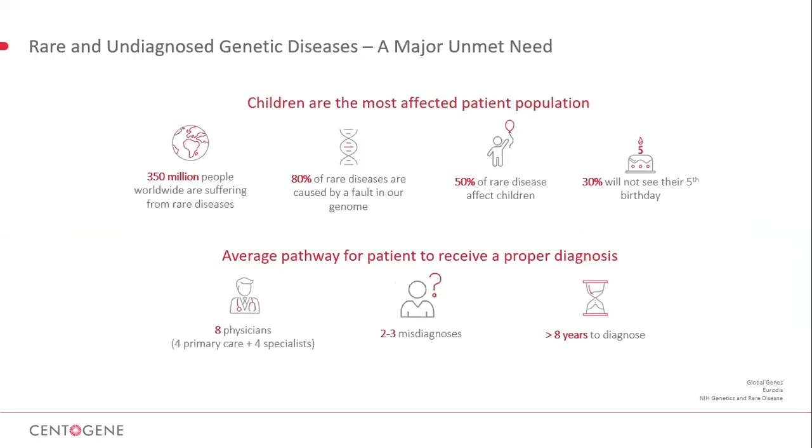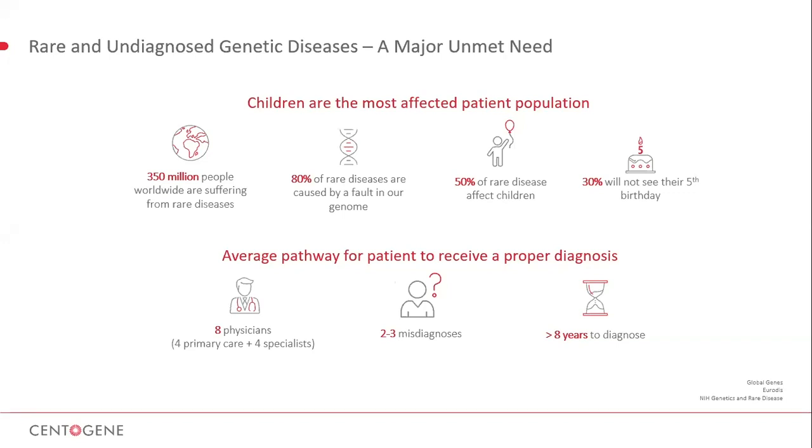Now, just to take the opportunity to talk about rare diseases, about 350 million people worldwide are suffering from one of these disorders. And the journey for the diagnosis of these disorders has frequently been referred to as a diagnostic odyssey.